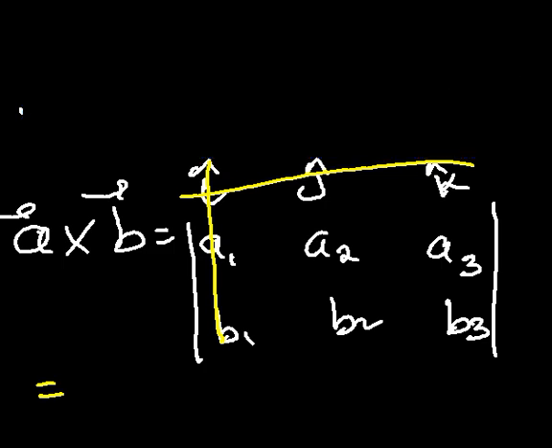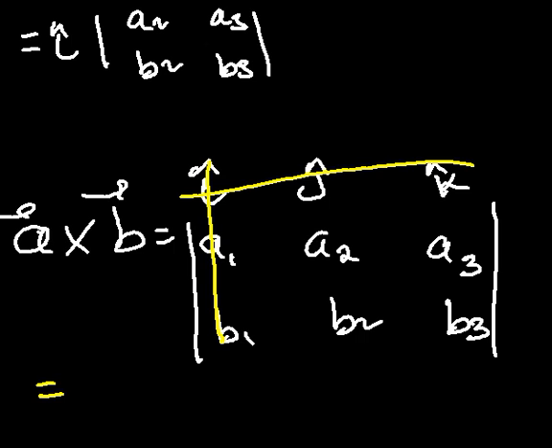So what it means is this: we cancel the column for I, so what we have here belongs to I. That will be given as the I component, and the remaining entries are A2 and B2, A3 and B3.